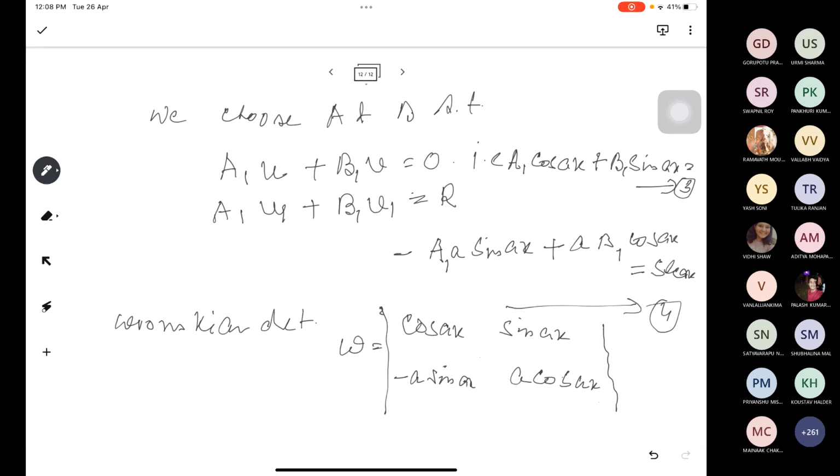So that means a cos square ax plus a sin square ax, which is equal to a, so this is not equal to 0.